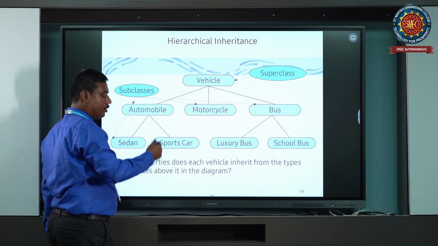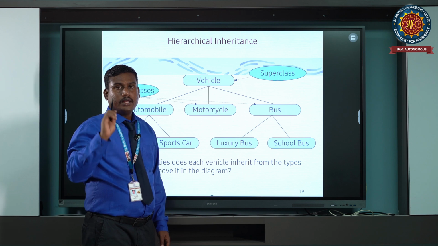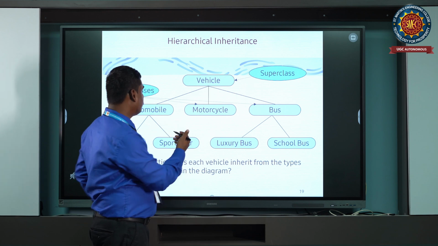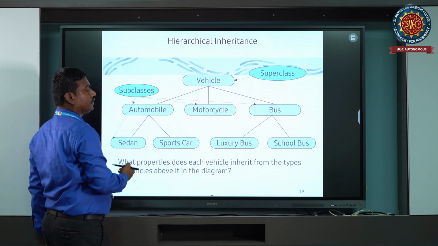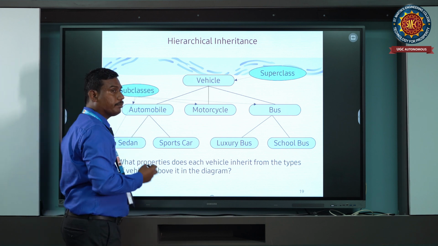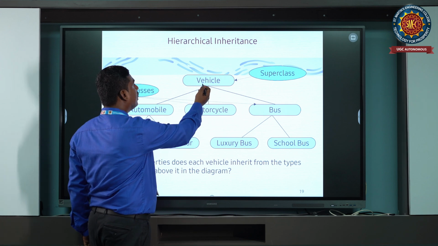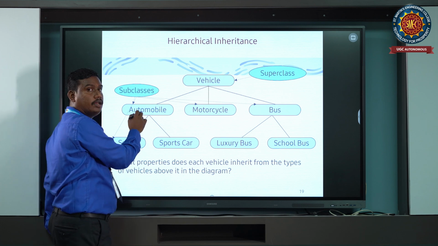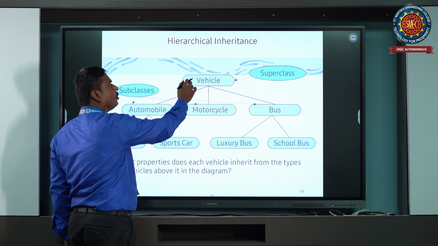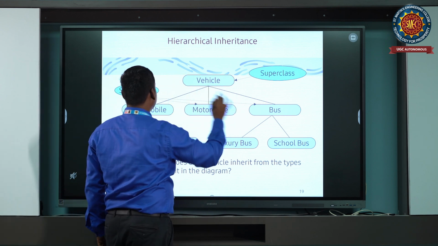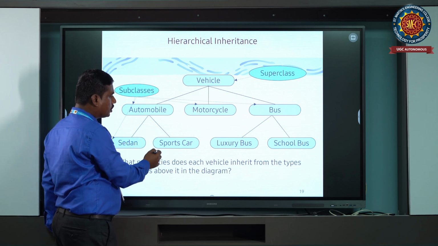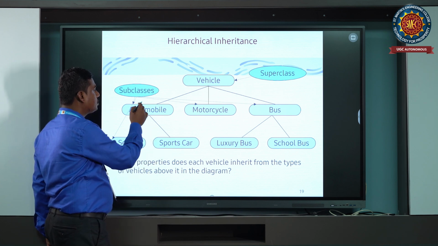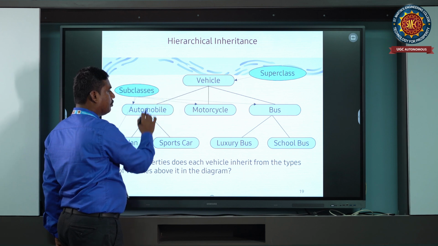Like multi-level, we only go in one forward direction. In this hierarchical inheritance, we have hierarchical levels, step level 0, 1, 2; we can go that way. How many levels can we go? We can separate that. The superclass has its own data and functions. Automobile has its own data and functions, and we can access both vehicle and also motorcycle and bus. Sedan and sports car have their own data and functions, and they can also access automobile and vehicle.